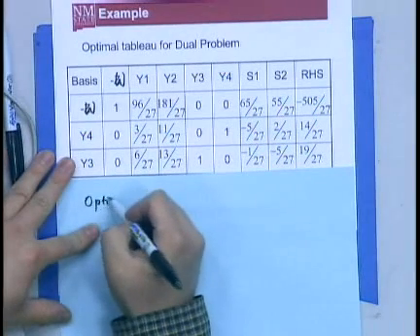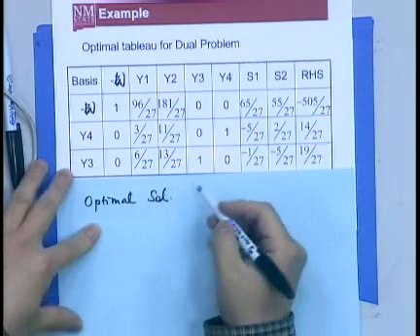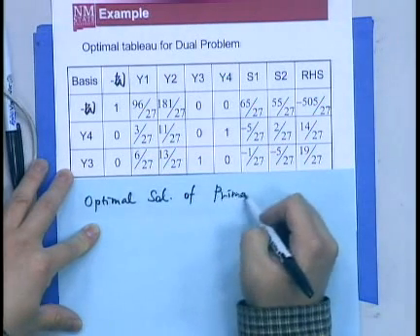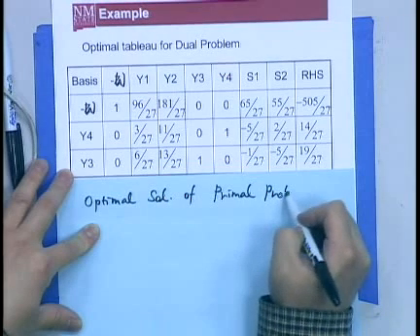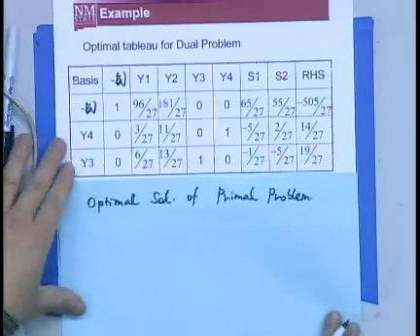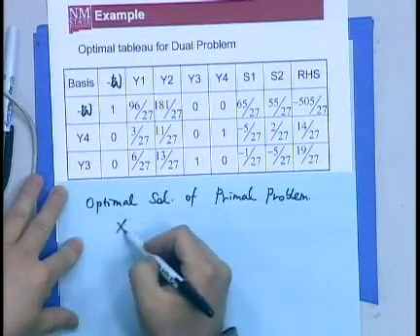The primal variables, so the x_i's, right?